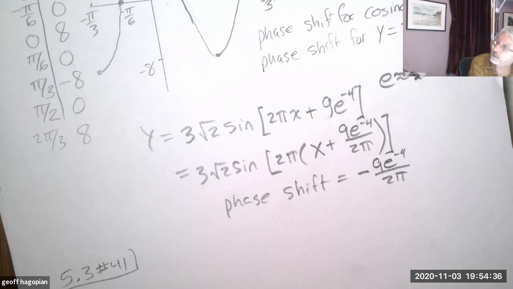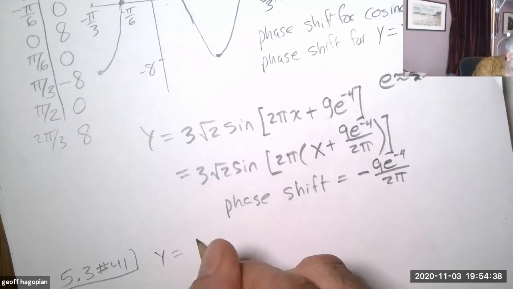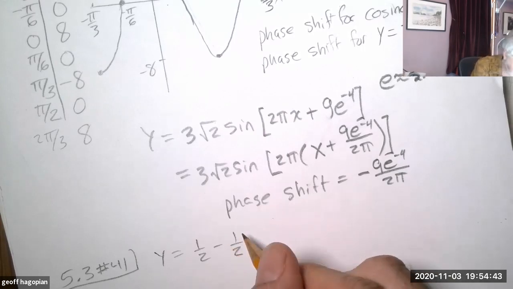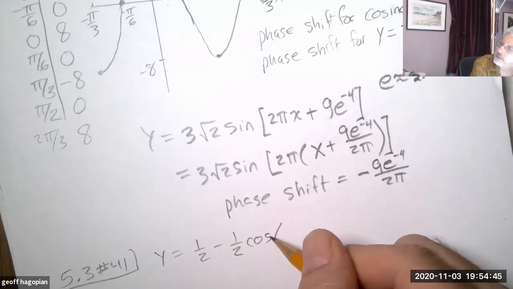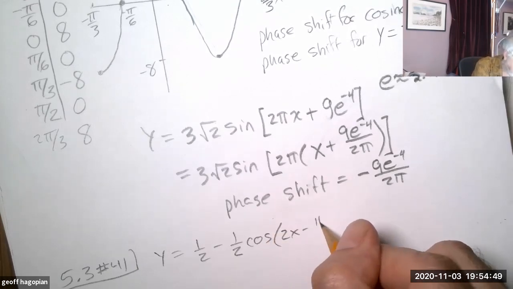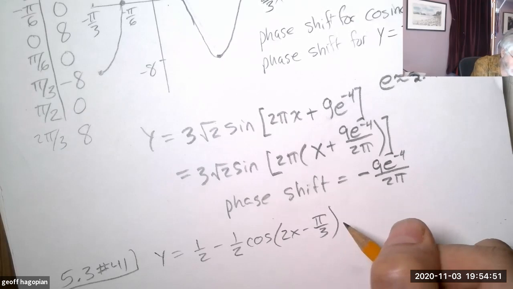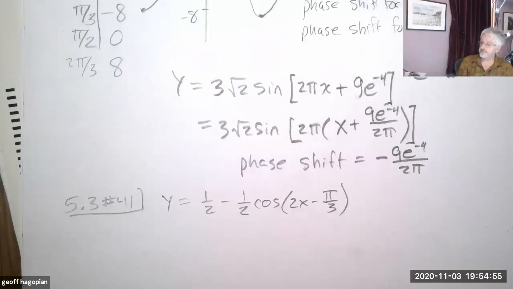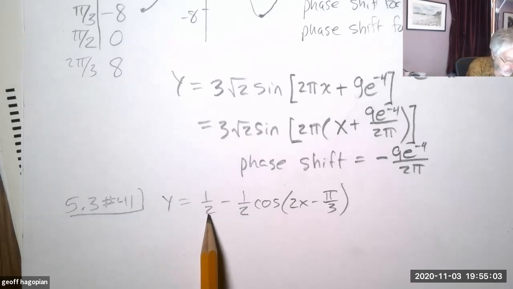Okay, so in 41, the function is 1/2 minus 1/2 cosine of 2x minus pi over 3. So I mean, we might want to condition this expression a little bit before proceeding, right? The output of cosine is being multiplied by half. What does this half do?